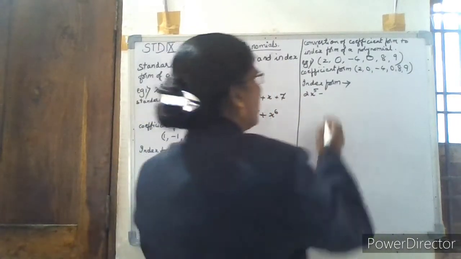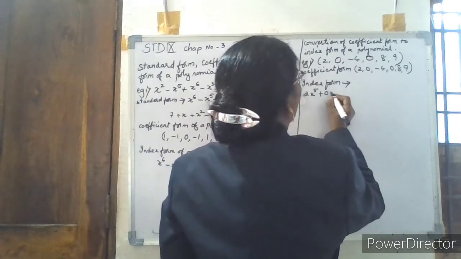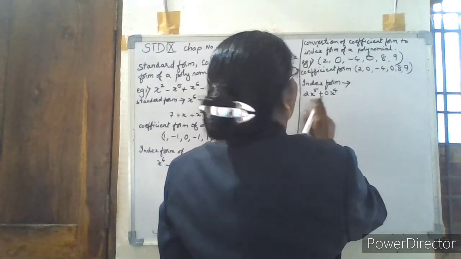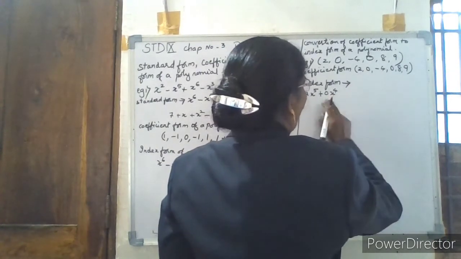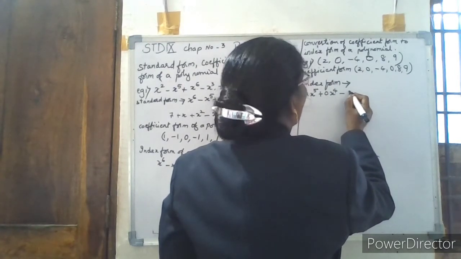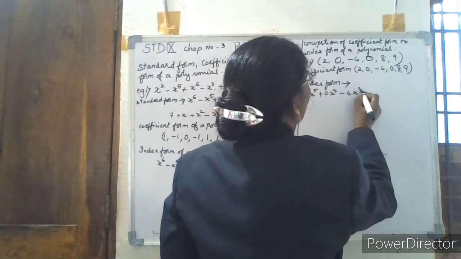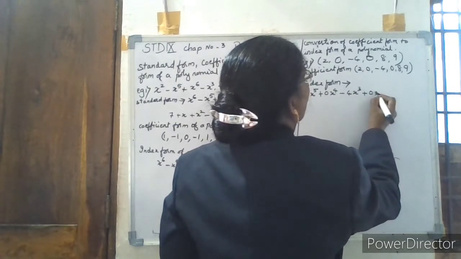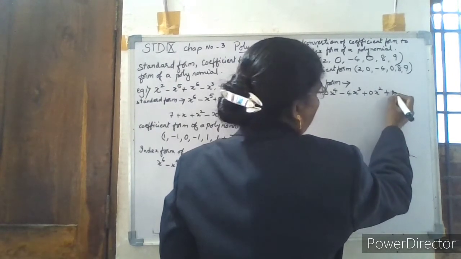Then we can finally write the answer. So it will be 0x raised to 4, then minus 4x cube, then plus 0x squared plus 8x plus 9.